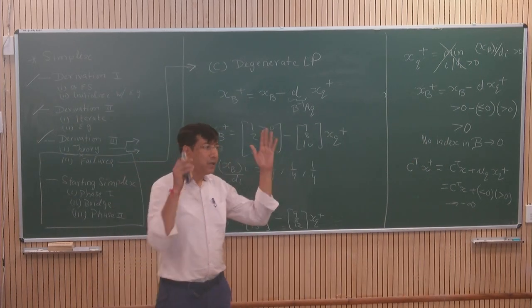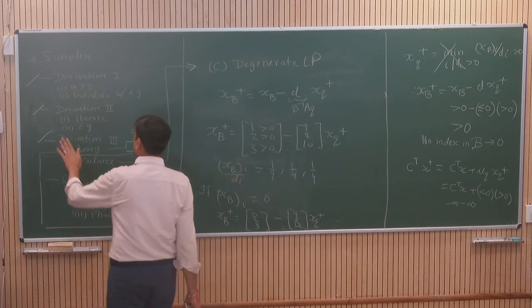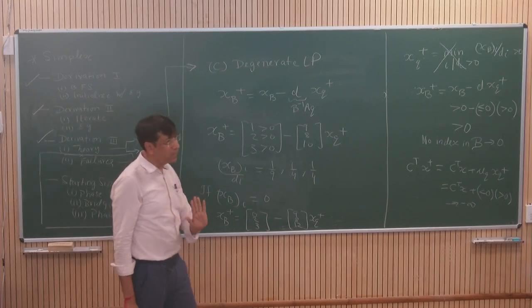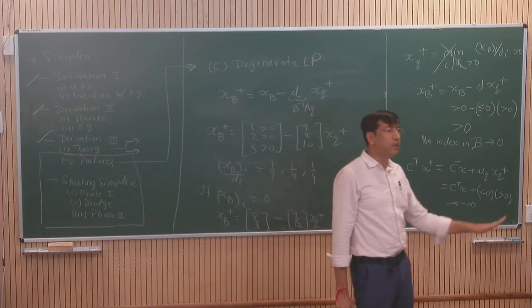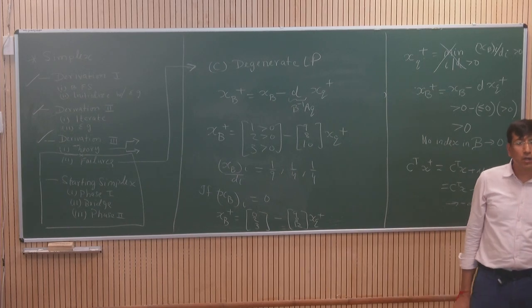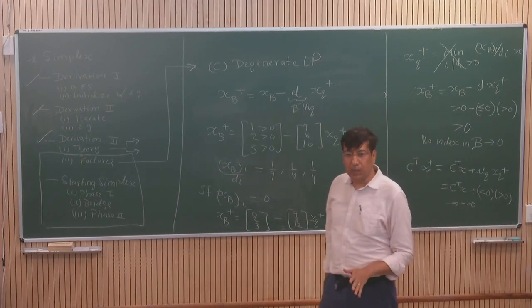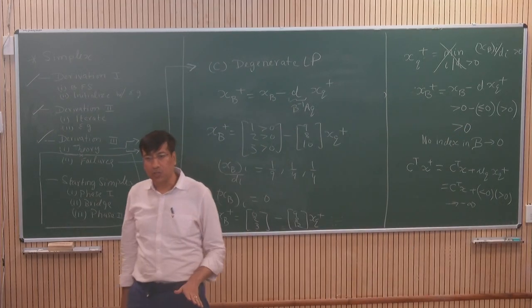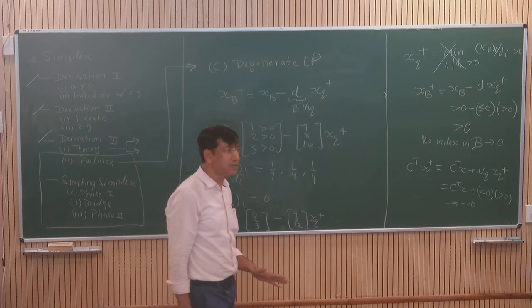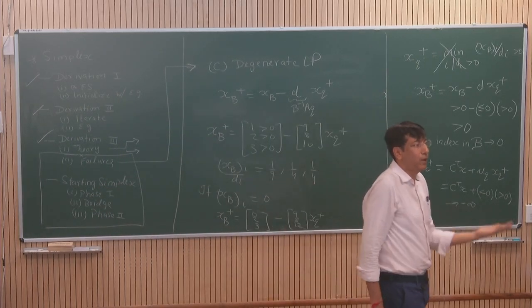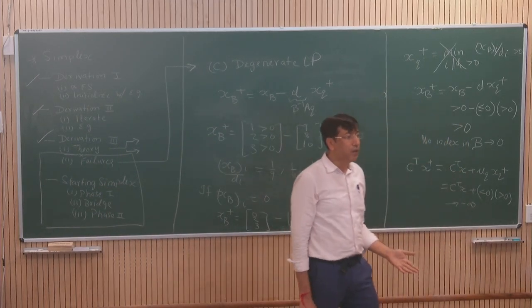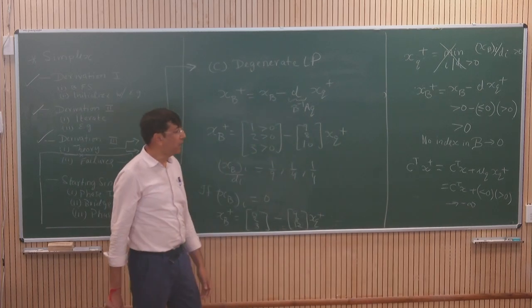But till the time we have derived all these steps, we have always assumed that B has elements for which X is strictly greater than 0. Now the question comes, if one element in the B set has an active constraint, or the respective xi becomes equal to 0, then what happens?